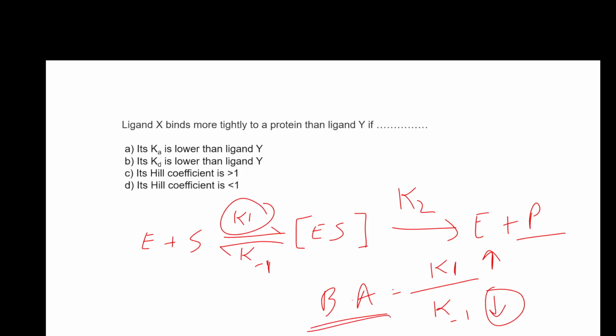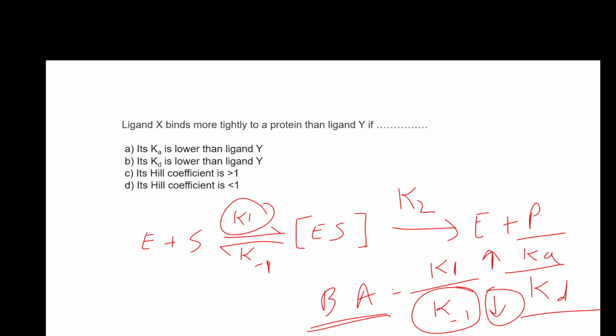Okay. So you can also refer to these as Ka and Kd. The lesser the dissociation of the enzyme substrate complex the better. If it is more, the substrate will keep on releasing from the enzyme and the product formation will not be happening.